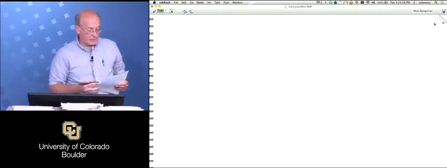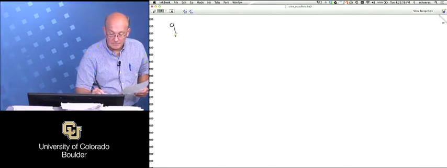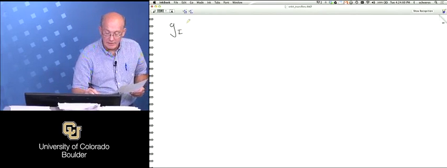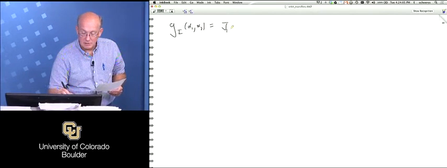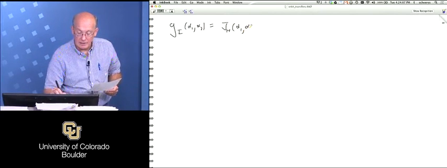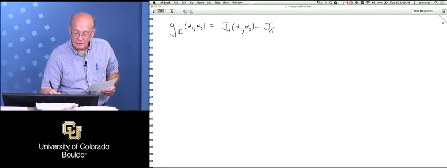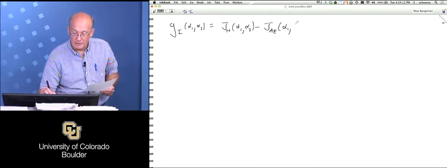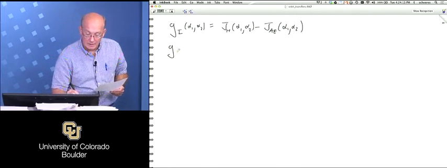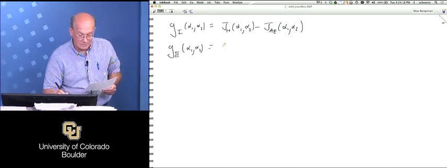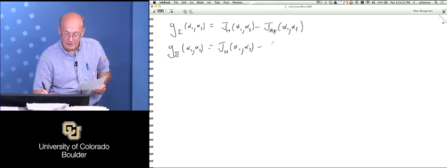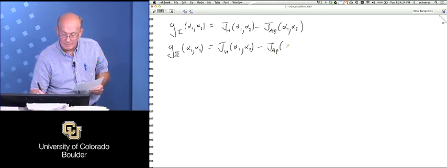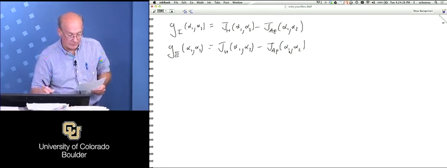An arbitrary notation: I'll call G sub 1 of alpha 1 and alpha 2 equal to JH alpha 1, alpha 2 minus JAE alpha 1, alpha 2. I'll call G2 alpha 1, alpha 2 equal to JH alpha 1, alpha 2 minus J sub AP alpha 1, alpha 2.